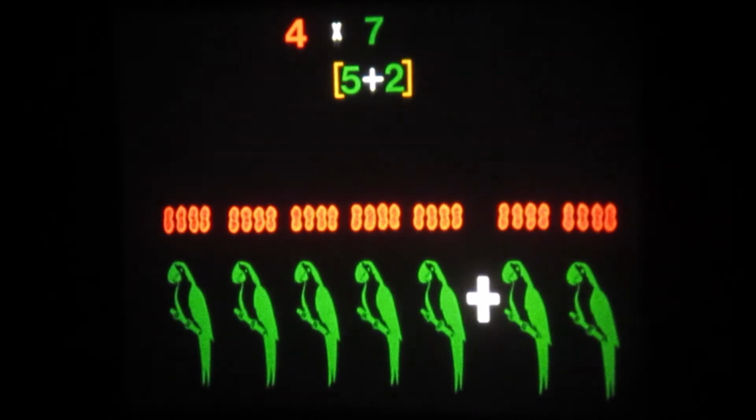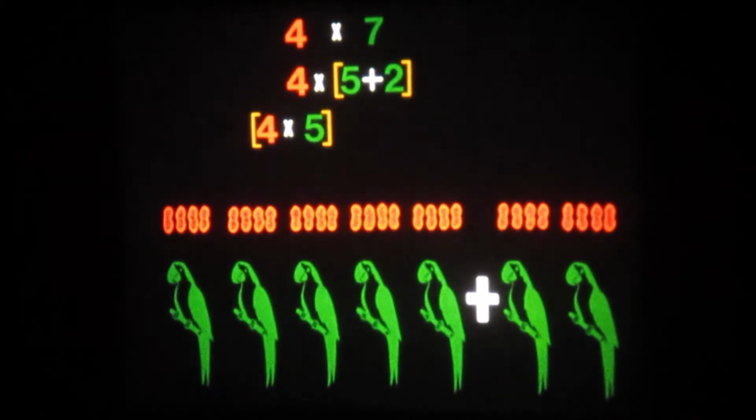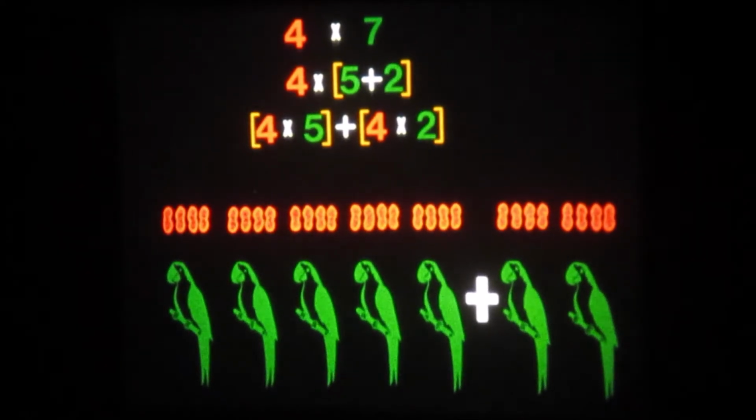Now we still want to multiply this by 4 because each of the birds receives 4 peanuts. So to do this, we multiply the 4 times 5 and the 4 times 2. What is 4 times 5? What is 4 times 2?